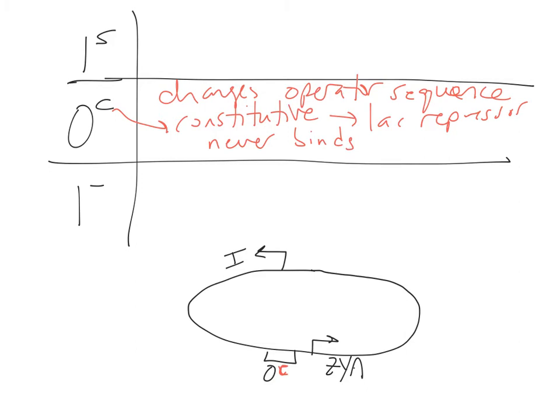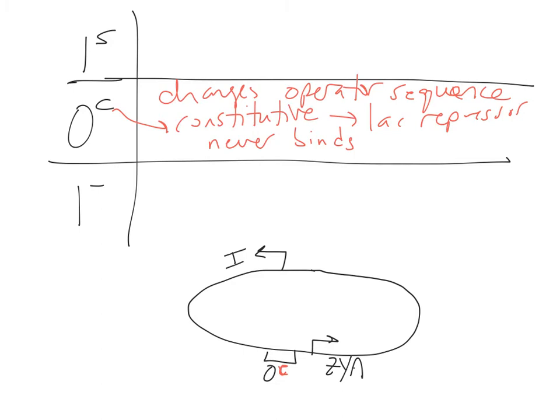So if your repressor never represses, this is a double negative: no repression equals constitutive, always on. Transcription, transcription, transcription, all the time, unregulated, because the protein repressor, lacI, doesn't recognize the new operator sequence. So that's the Oc mutation.